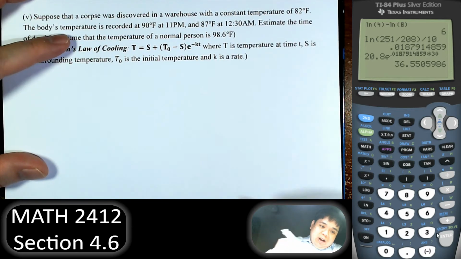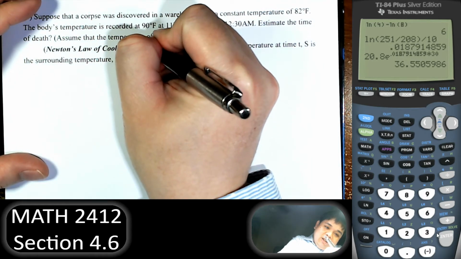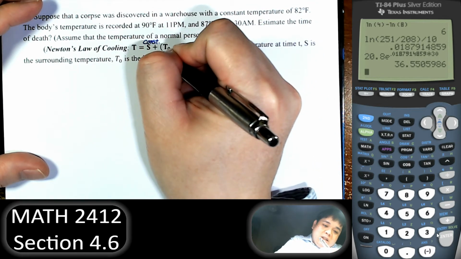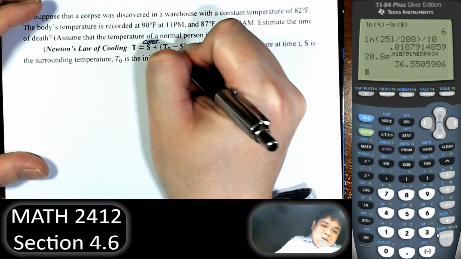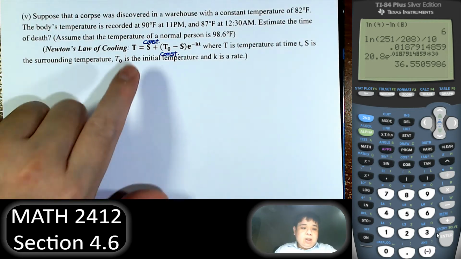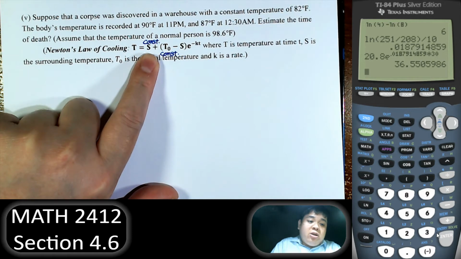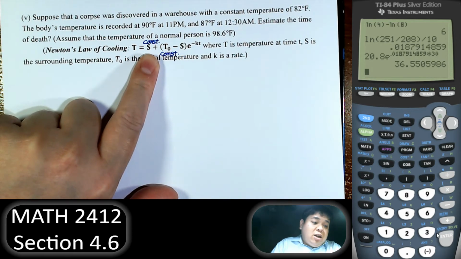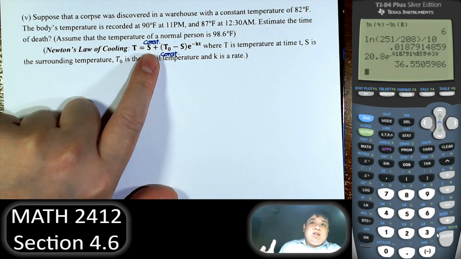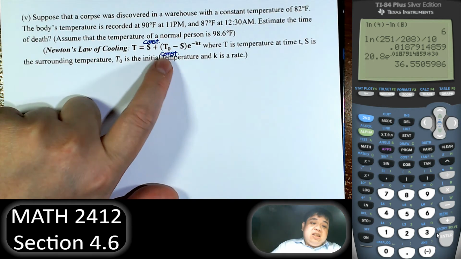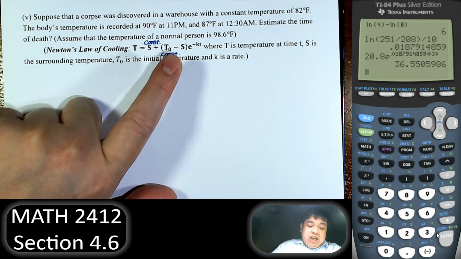So only T is a function. Surrounding temperature is assumed to be constant, otherwise it will be very messy. And T naught is also a constant initial temperature.